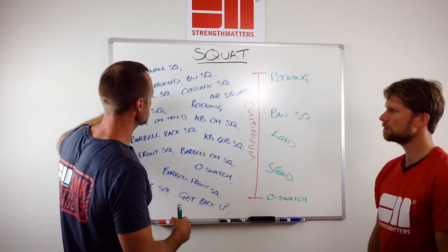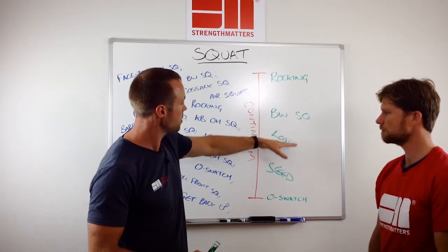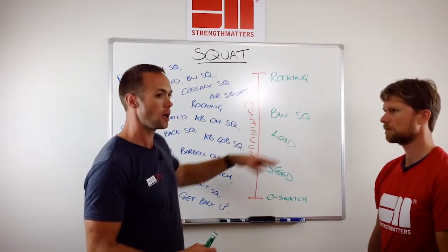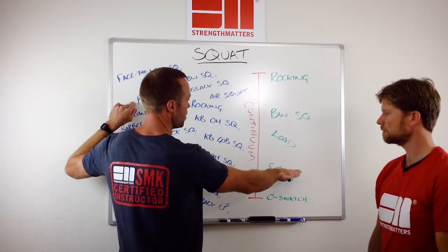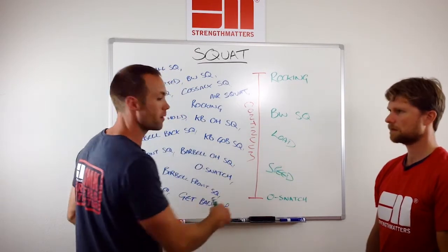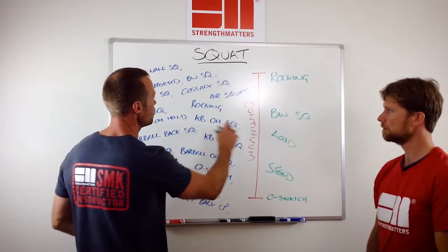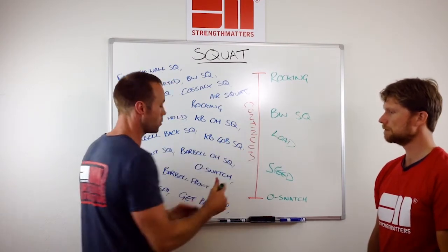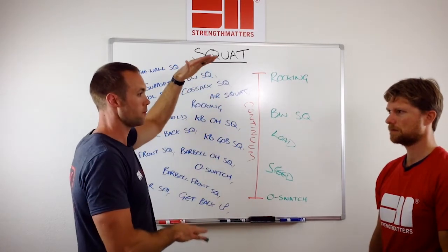So the pistol squat's going to kind of come in down here somewhere. Then you can add load and make it a more advanced pistol squat, kind of in order to get to the strength for a bodyweight squat. So we're talking to all ranges of ability here.